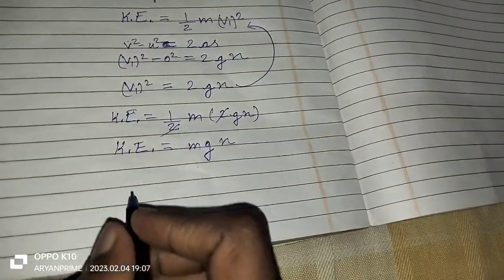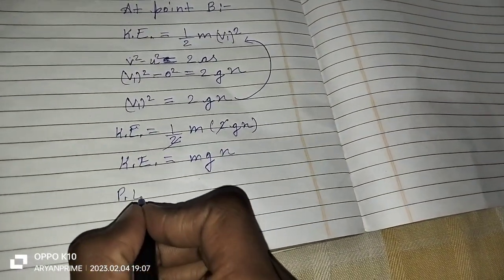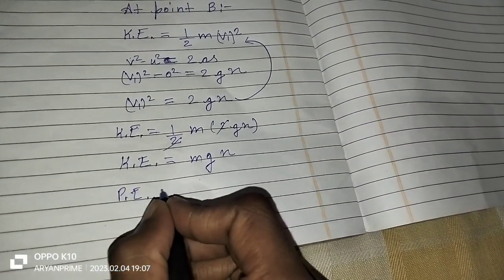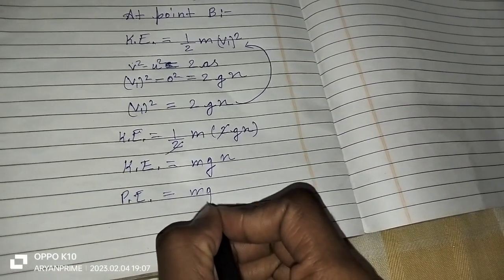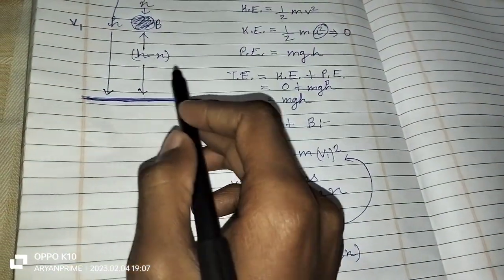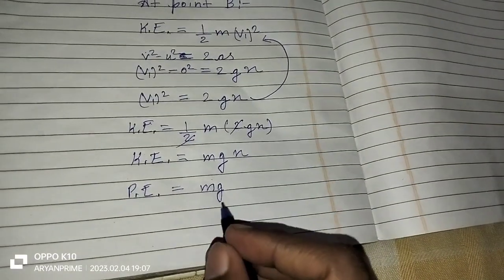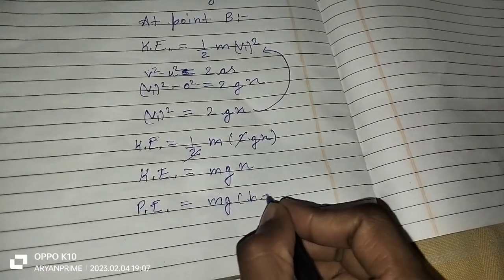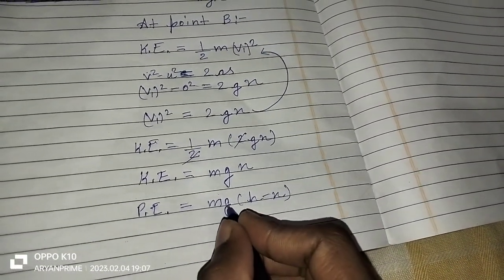And what is the potential energy? Potential energy equals mg(h minus x), because the height from B to the ground is h minus x. So we write here h minus x.